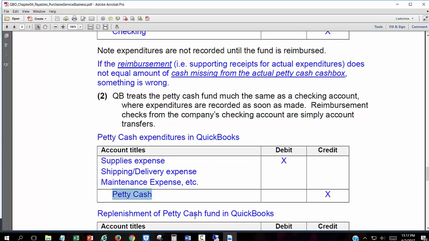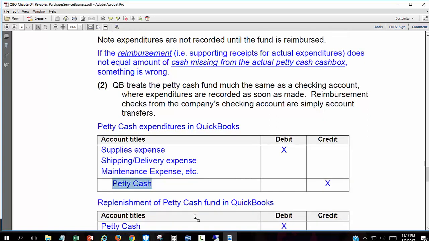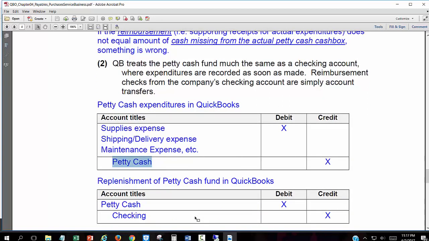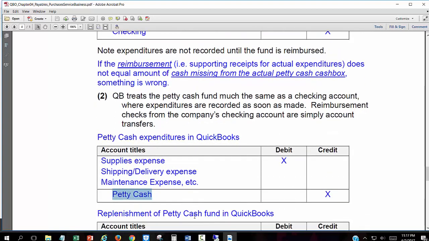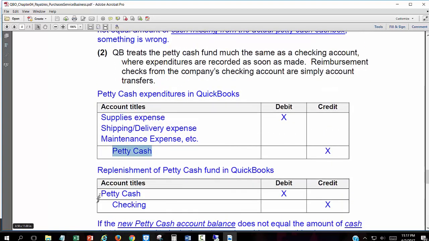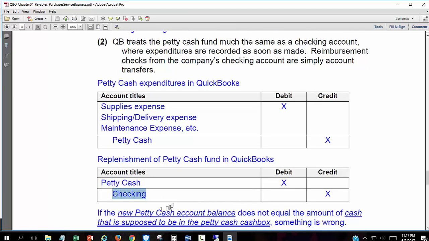And so the expenditures show whenever you get around to recording that a petty cash expenditure was made. It doesn't have to wait until the replenishment. When you do the replenishment, all you do is transfer the missing money from checking back into petty cash. So if the new petty cash balance after replenishment isn't the same as the amount that's supposed to be in the petty cash box, then something went wrong.